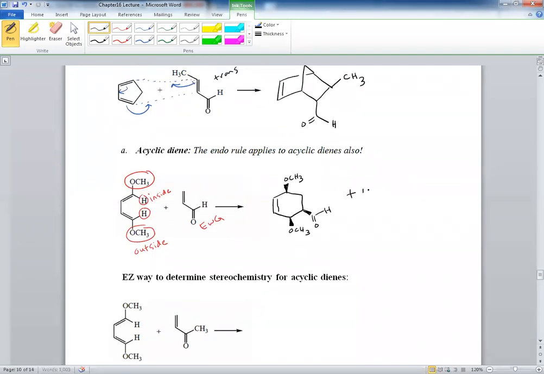Plus enantiomer. Well, let me draw the enantiomer. So the enantiomer would be exchanging the wedges to hashed wedges, if you recall that from organic one. So that's the enantiomer.